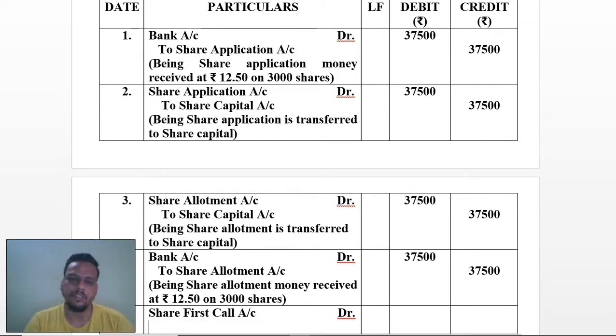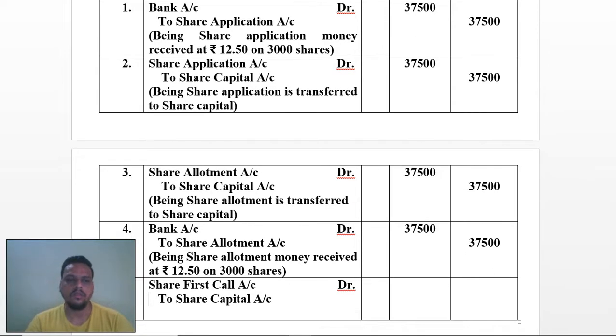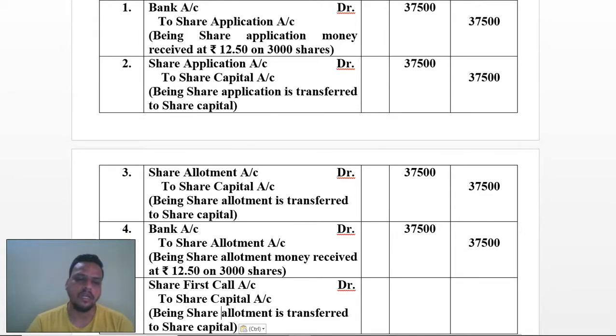First we are on due, so the normal entry will be there: Share First Call Account debit to Share Capital Account. Here also the being will be the same as in allotment, but the value will be changed a little. Being share first call is transferred to share capital.